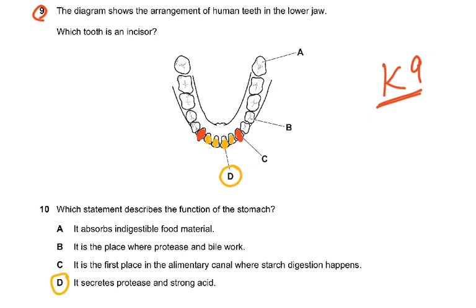And then, of course, we have the premolars, and then you have the molars. So A would be the molars, and B would be the premolars, C would be the canine, and D would be the incisors. So which tooth is an incisor?